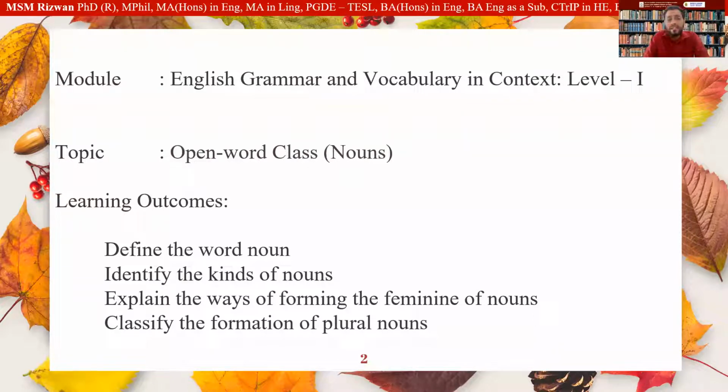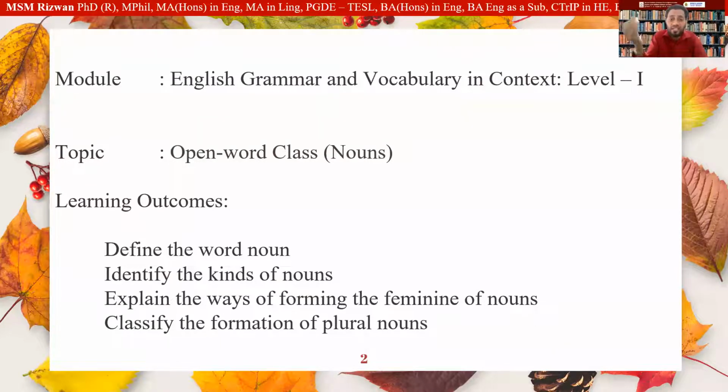In today's lecture, we'll be discussing open word classes. Basically, you have to know what open word classes and closed word classes are in the English language. Closed word classes mean there is a list of words, so we can't create words beyond the limit of the class. For example, when you think of pronouns, there is a list of pronouns.